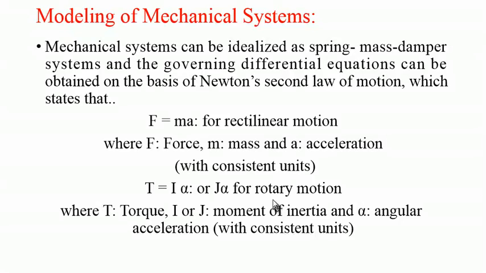So for reciprocating or rectilinear motions, F is equal to ma, Newton's second law of motion. For rotary motions, we take the torque T is equal to I alpha or J alpha.